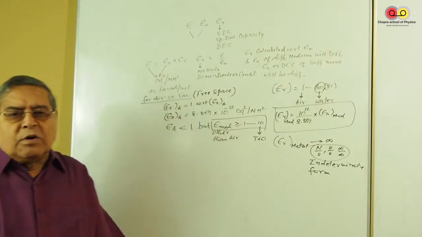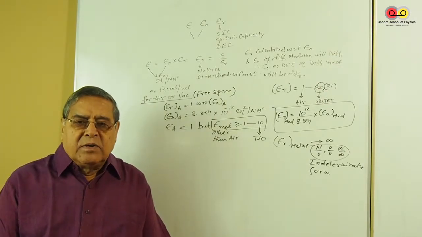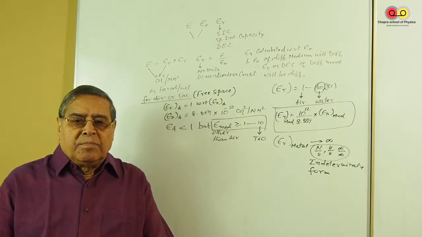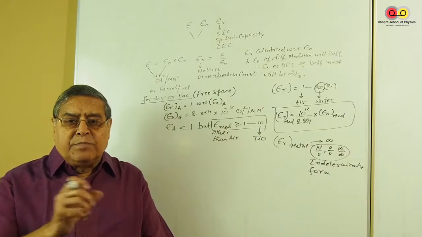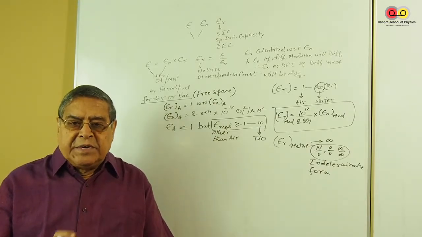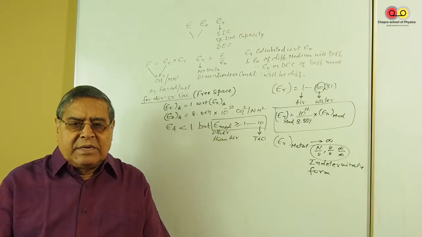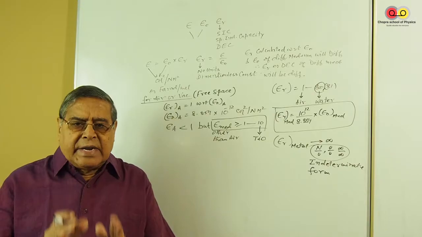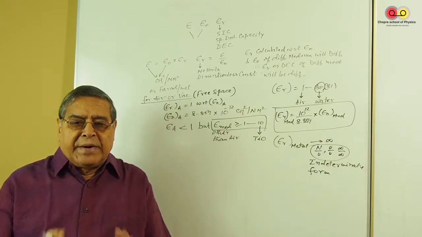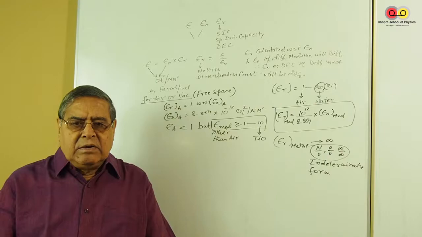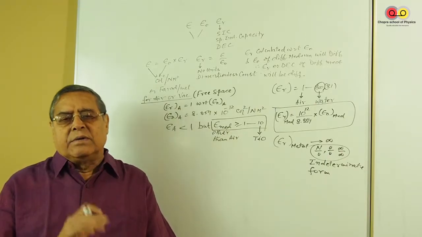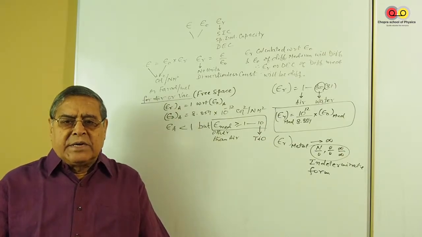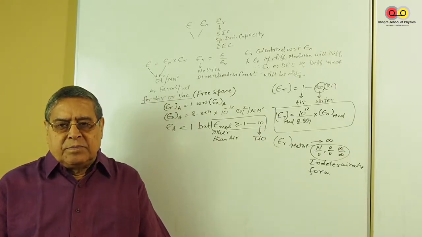And now you must be aware of what is the definition of permittivity. Permittivity is the power of conduction. Permittivity is a term derived from permission. So permittivity is the power of conduction of electrical lines of forces depending upon electrical properties of medium, whether medium is a good conductor, a semiconductor, or an insulator.